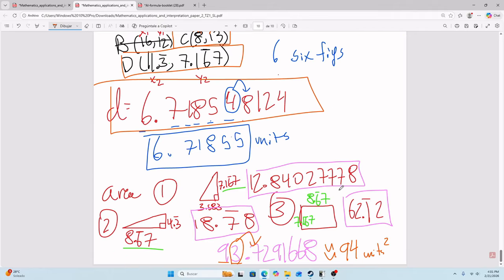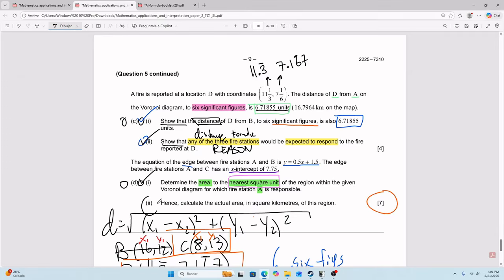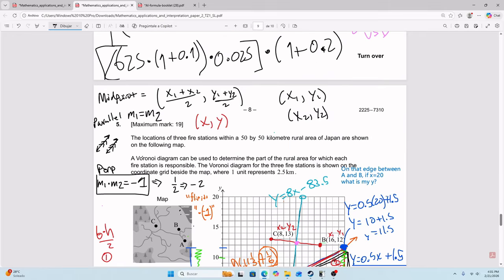And now, last but not least, we have: hence calculate the actual area in square kilometers of this region. So a small thing, they're basically giving you 2 points for going through the hassle of part D. Let's recall from the context of the exercise that they tell us that 1 unit represents 2.5 kilometers.